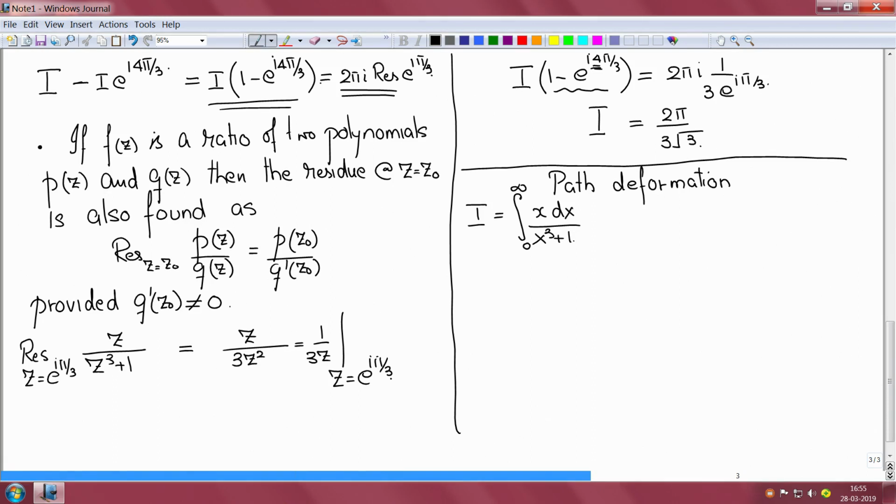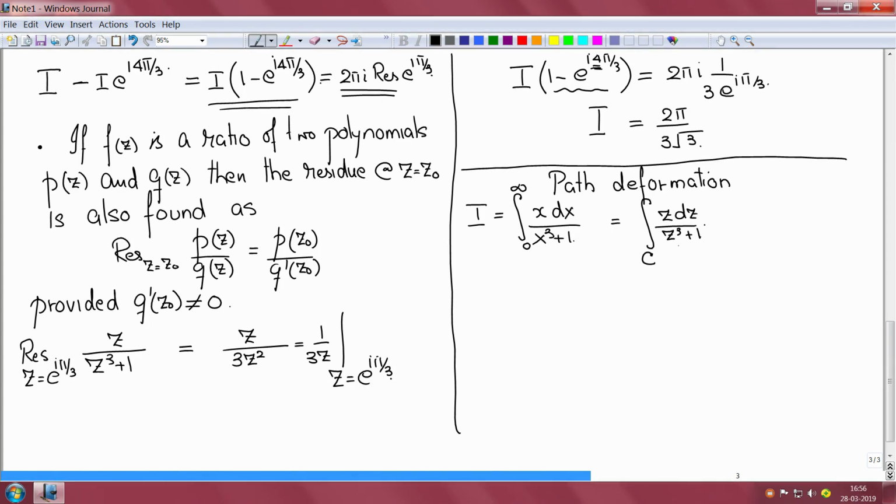I will replace this because I am going to go into the complex plane. I will replace this with integration over some contour, not necessarily closed now, of z dz by z cubed plus 1.